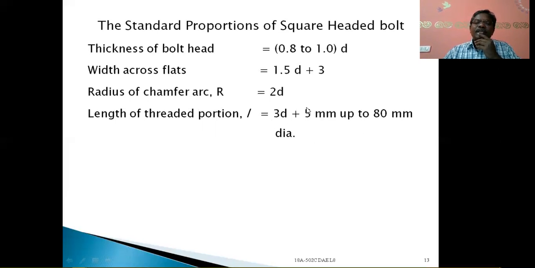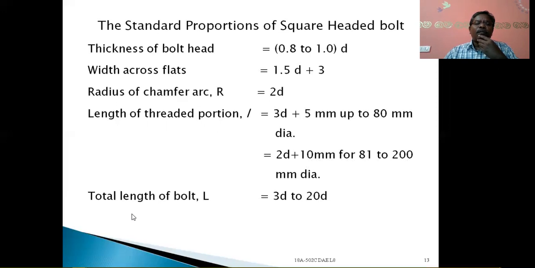Similarly 2D plus 10 is the same as in the previous case, for 81 to 200 mm; only the slight difference is the 3D. And the total length of the bolt here is 3D to 20D.